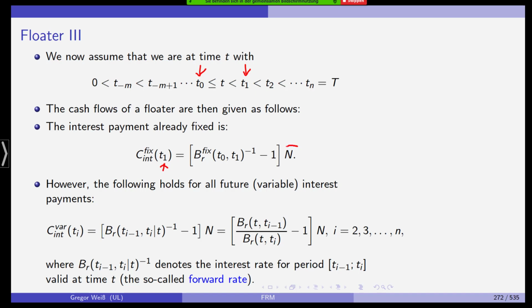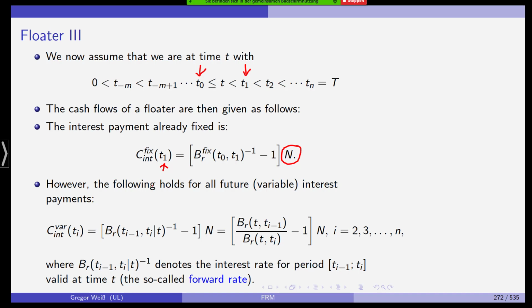It's quite simple. We take the notional amount, and we are now not interested in discounting. So we need to take the zero bond price that corresponds to our interest payment and to the discount factor we're using, and we revert the discount factor into an interest rate.